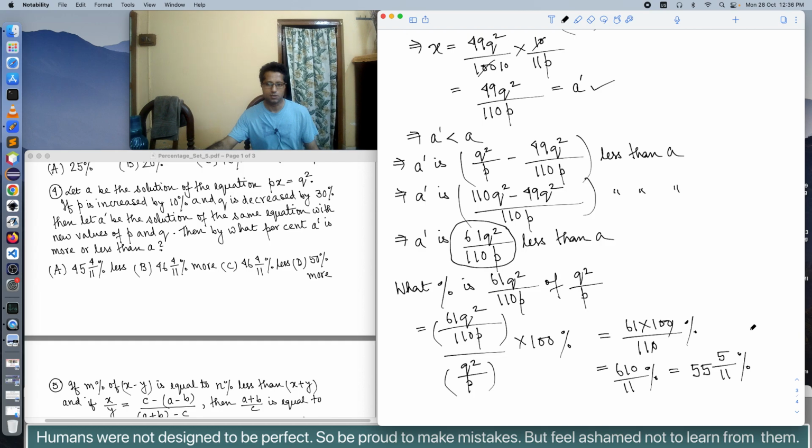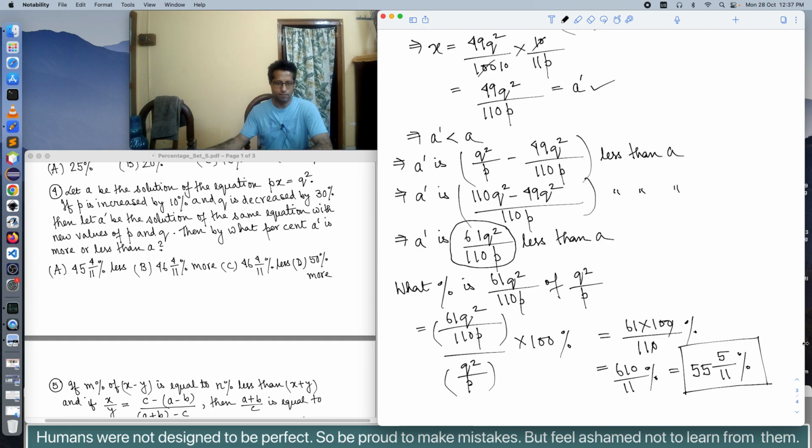This equals 61 into 100 divided by 110, which equals 610 by 11 percent, which when expressed as a mixed fraction is 55 and 5 by 11 percent. Yes, I think 55 and 5 by 11 percent is correct. My answer is correct, and I think there is some problem in the given choices.